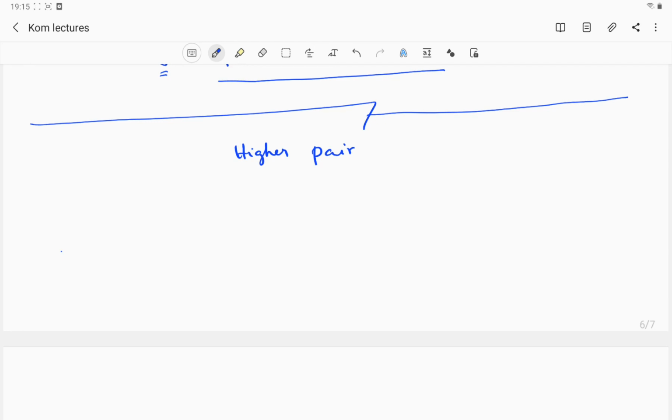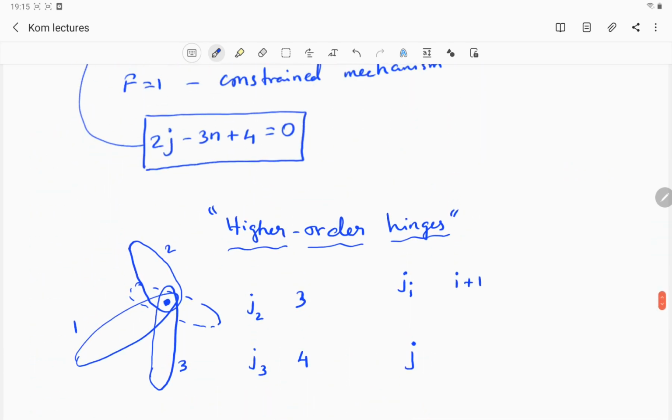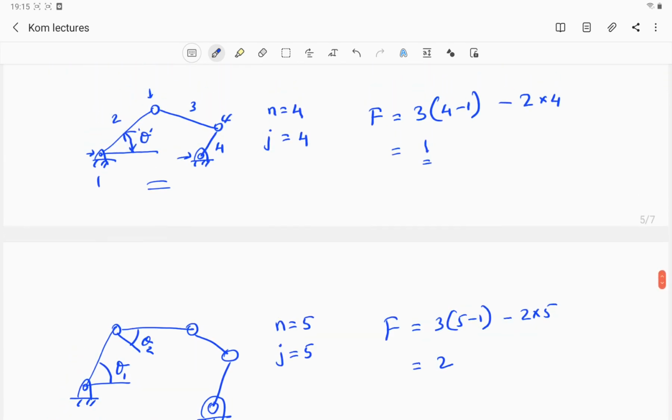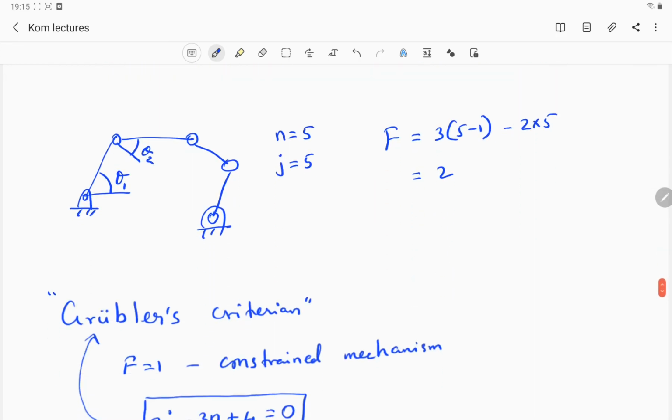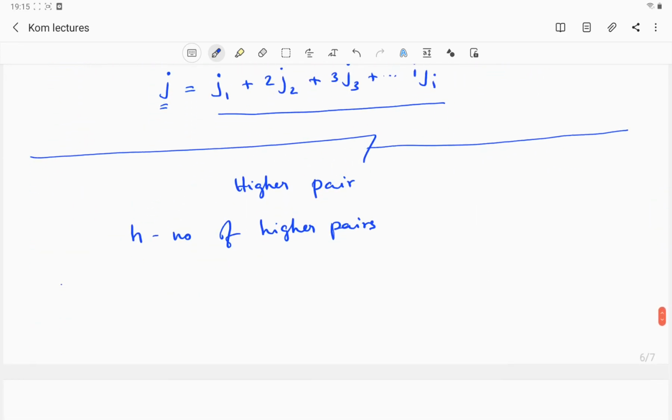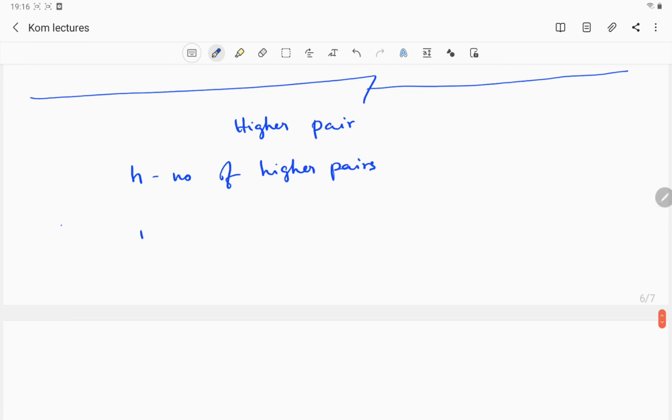So therefore we have to introduce a new parameter h to represent number of higher pairs. Which means I have to redefine J. Here I have just put number of pairs, but it should be number of lower pairs.